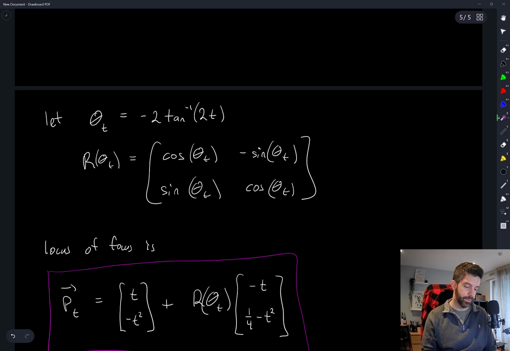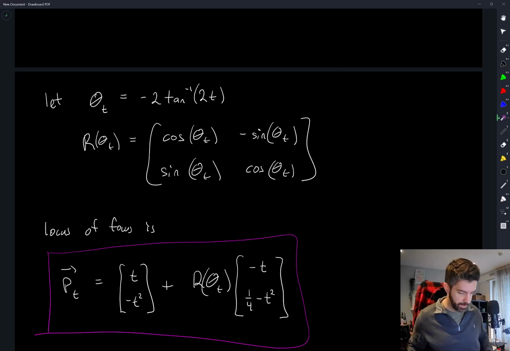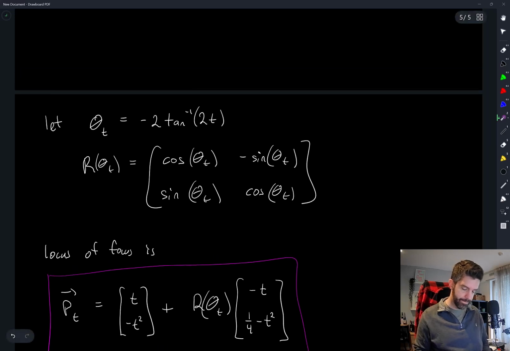Like, I don't know, t over 1 plus t squared, or root of 1 plus t squared. Not quite rational functions. There might be some square roots in there. But I'm sure that's just some trig identities, some double angle formula stuff. I don't think that's a terribly important part of this problem.